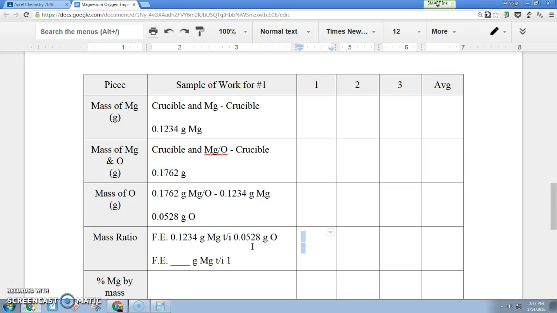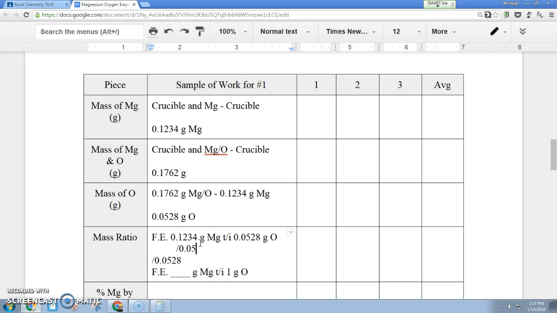So in this spot here, I'm going to be dividing by 0.0528, because that number divided by itself will be 1, which means that over here I need to divide by 0.0528.